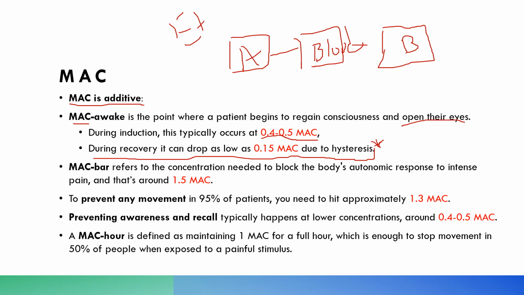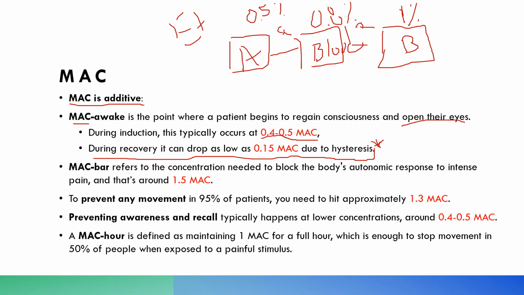Our expired concentration. So if I have 1% left in my brain, and say 0.8% of that is coming out into my blood, and then I'm showing 0.5% in my alveolar concentration. This gradient is slowly changing, right?